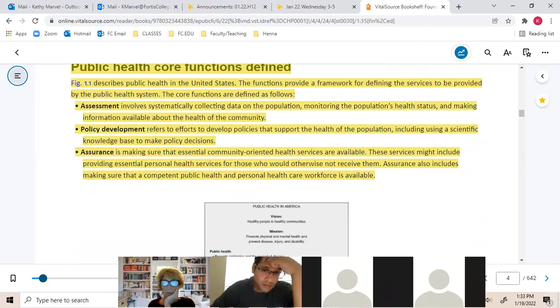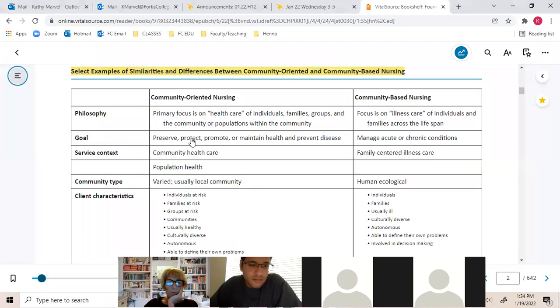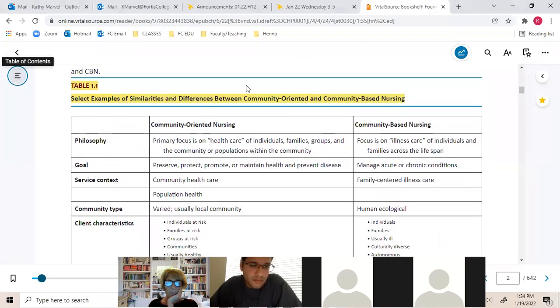What are the core functions? The PowerPoint just lists what they are: assessment, policy development, assurance. Well, what does each one of them mean? Up here, table 1.1 meets, I think, objective number 2.